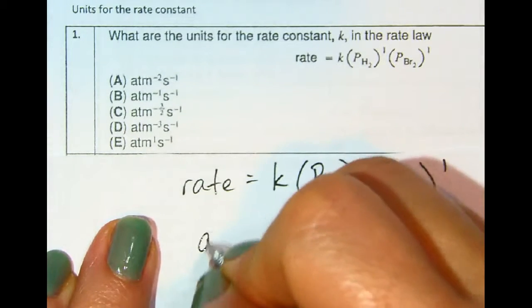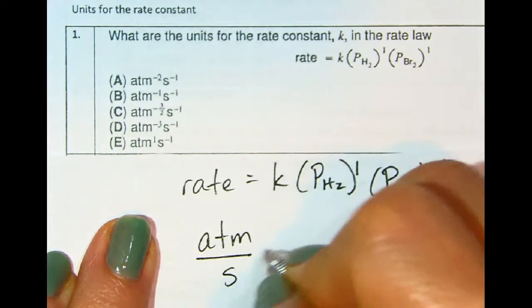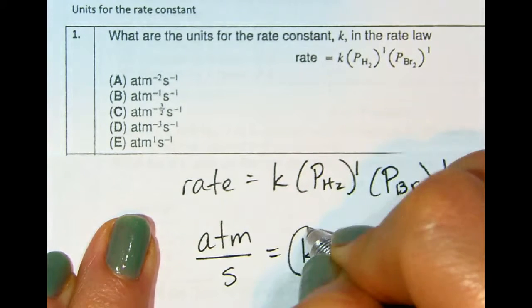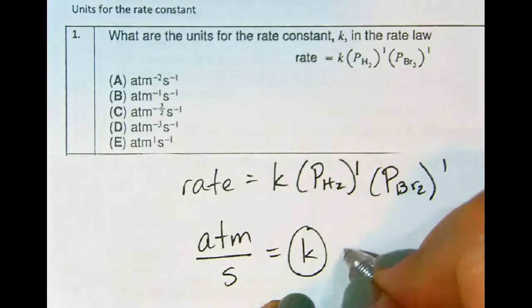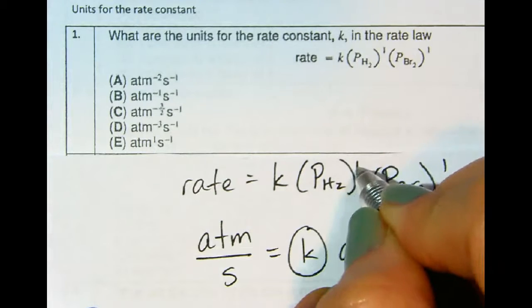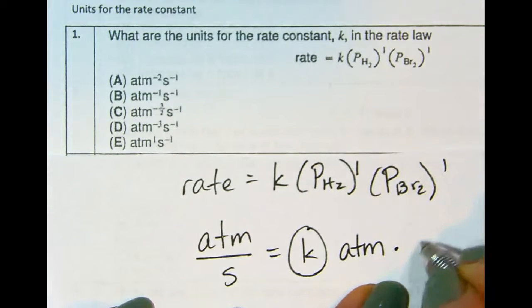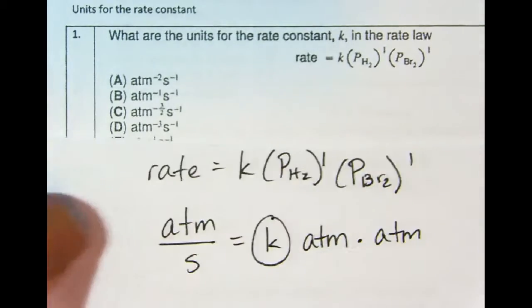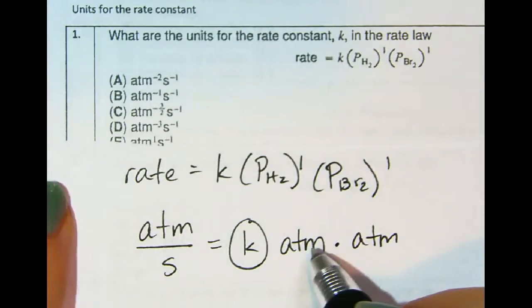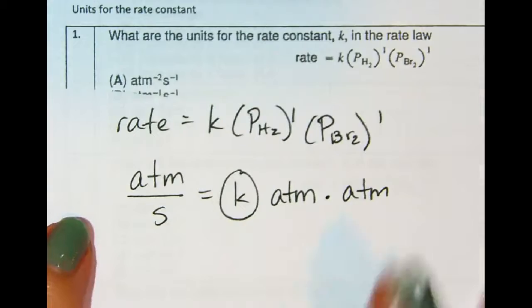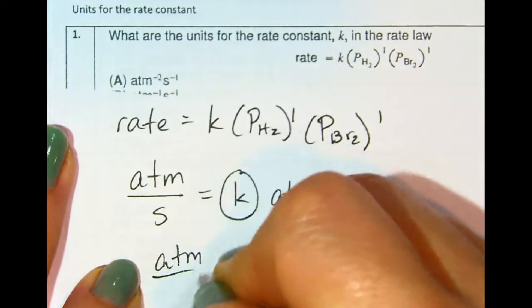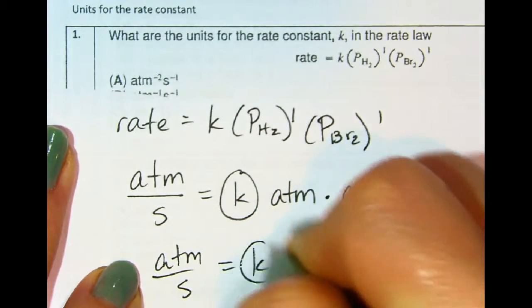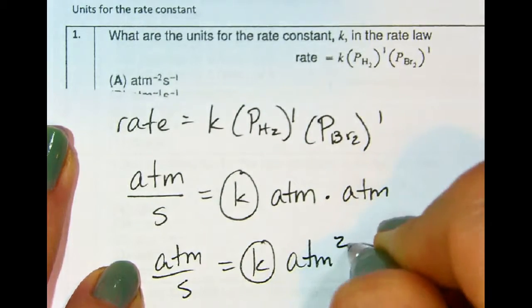The rate is going to be atmospheres per seconds equals, we don't know what K is. This pressure is in atmospheres raised to the first power times atmospheres also raised to the first power. And so now, you can simplify this and say you have atmospheres per seconds equals K times atmospheres squared.